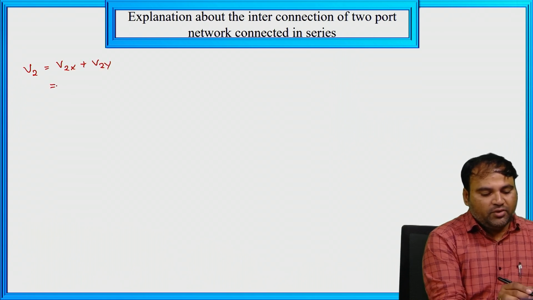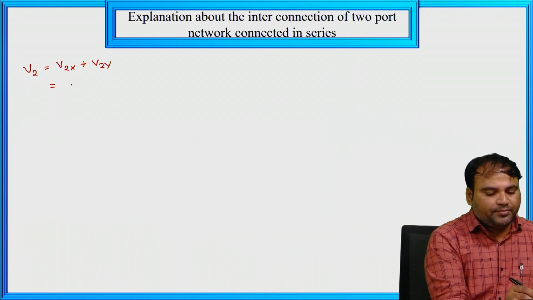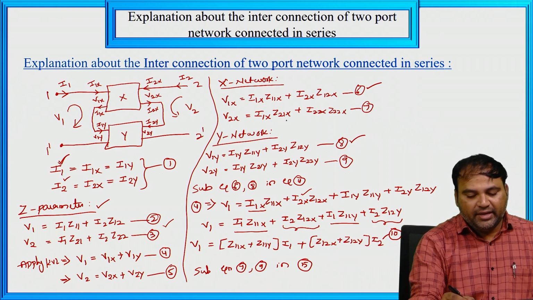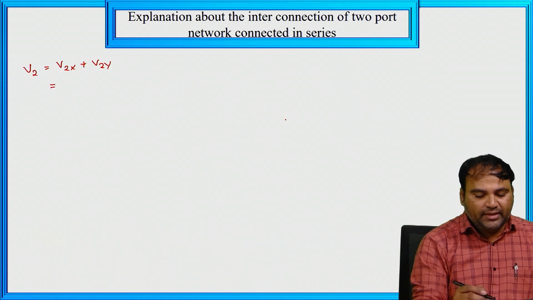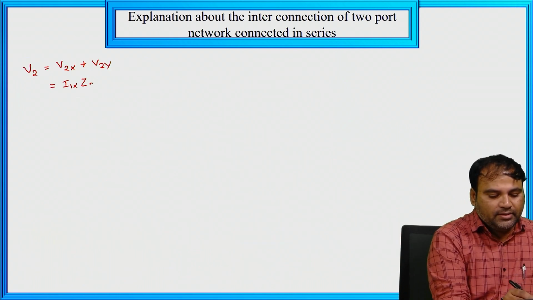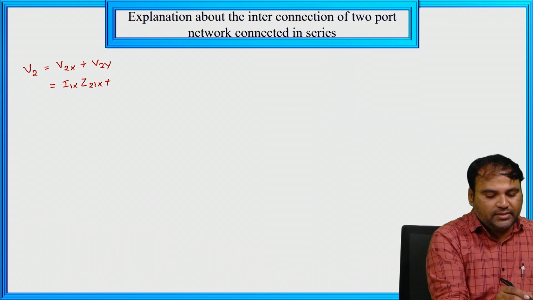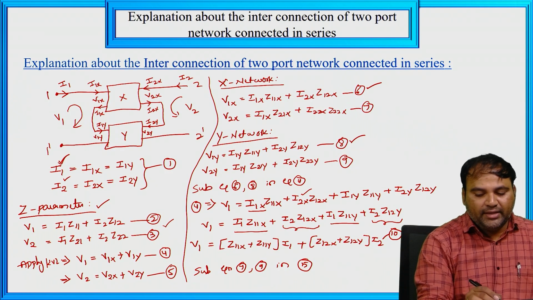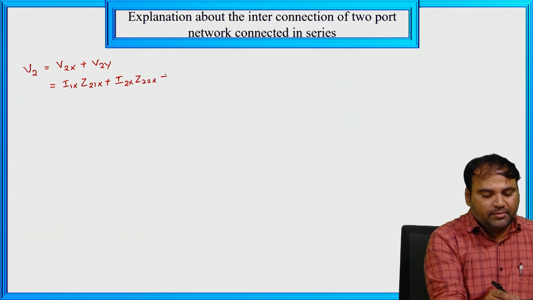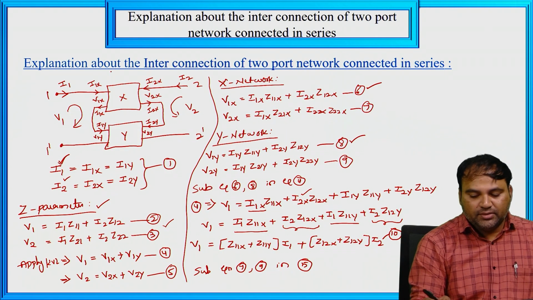We already know the V2x equation: I1x Z21x plus I2x Z22x, plus V2y.